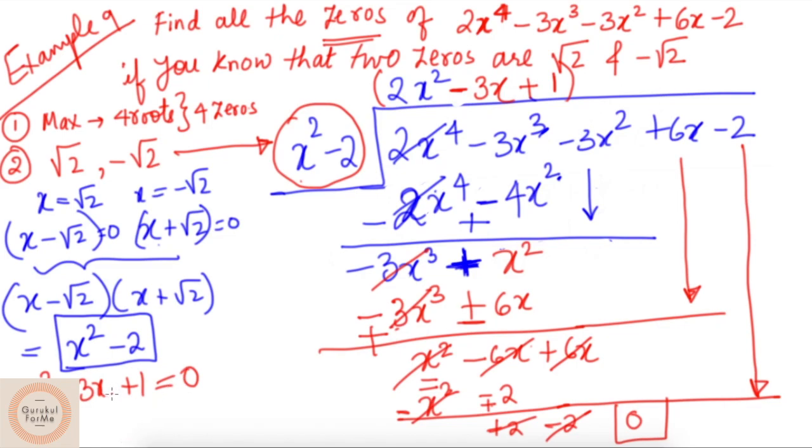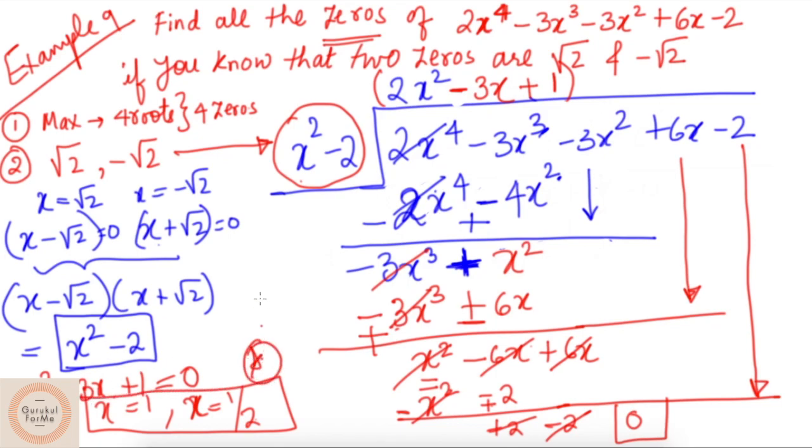And once you solve this quadratic equation, I will not go into much depth of solving it, but you will get the answer as x is equal to 1 and x is equal to half. So which are the zeros here? You get these 2 zeros marked in star and these 2 zeros which are already given to you. So you have 4 zeros which you got. I hope you got the concept here.